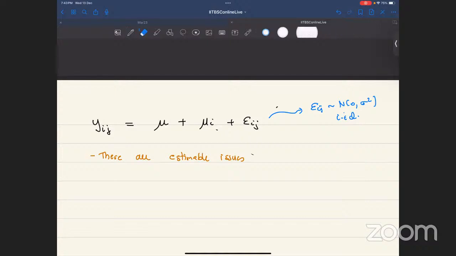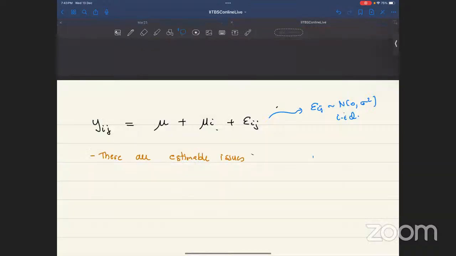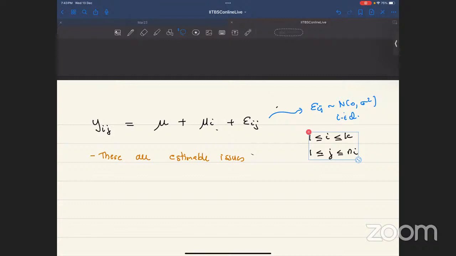I can't estimate all the parameters. Let's say i ranges from 1 to k, and j is from 1 to n_i.